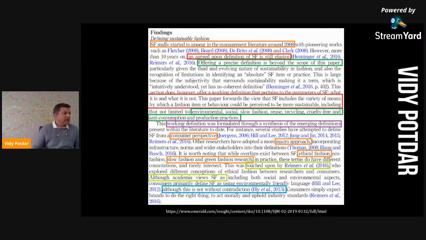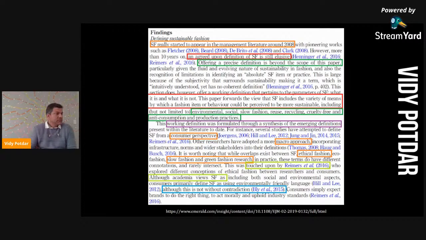Sustainable fashion from a consumer perspective was studied by these authors. Although this is not a synthesis of literature, it is an example of some things that you can write in your paper about a particular concept and who has worked on that concept.